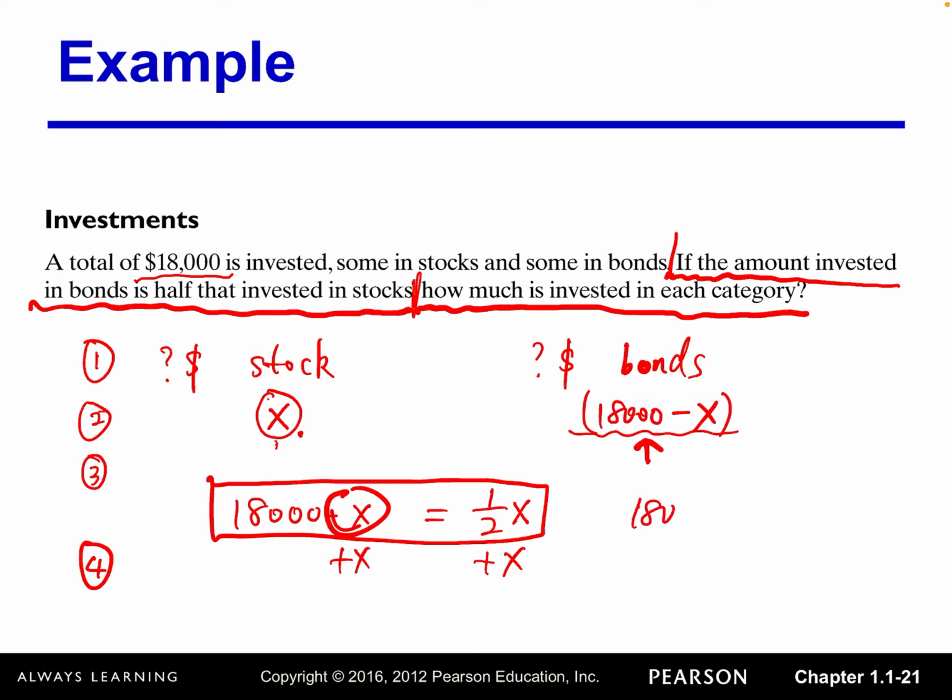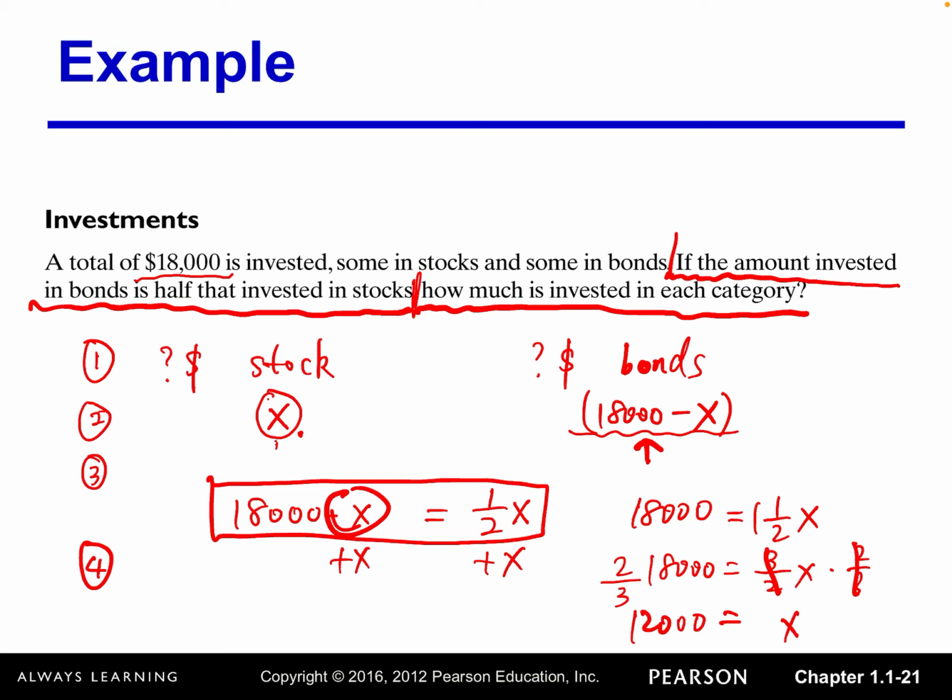So we get 18,000 equals 1 plus 1.5, that's 1.5X, or you can write it as 3/2. 18,000 equals 3/2 X. And then multiply both sides by 2/3, that's how we cancel the coefficient. So these two cancel, we have X, and then 18,000 divided by 3, that's 6,000. 6,000 times 2, that's 12,000.